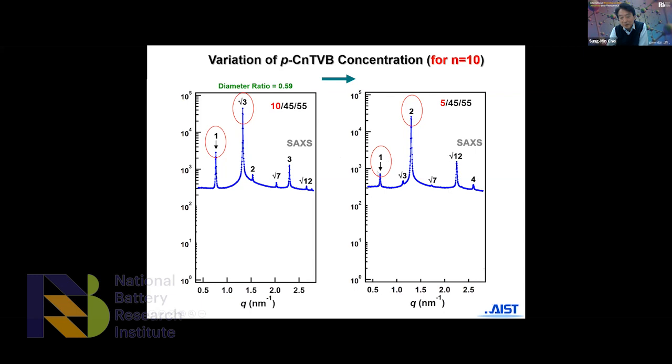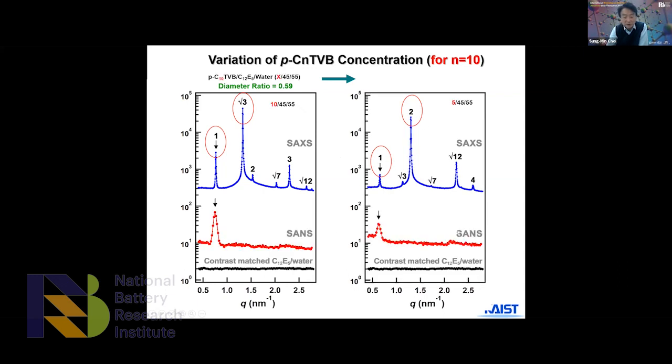And then instead of 1 to root 3, now 1 to root 2. So there is some symmetry change. Then we also confirmed with neutron scattering that the origin of this peak is also due to this yellow tube.